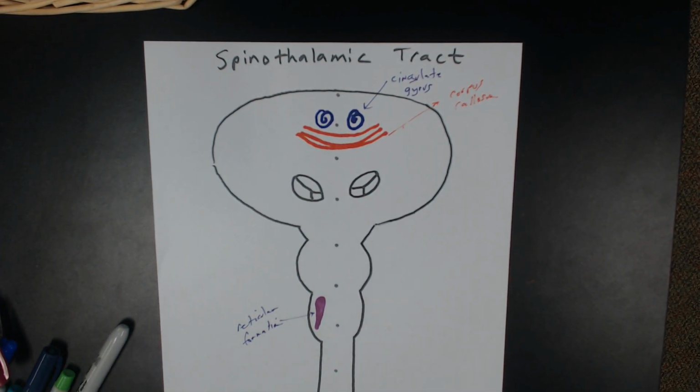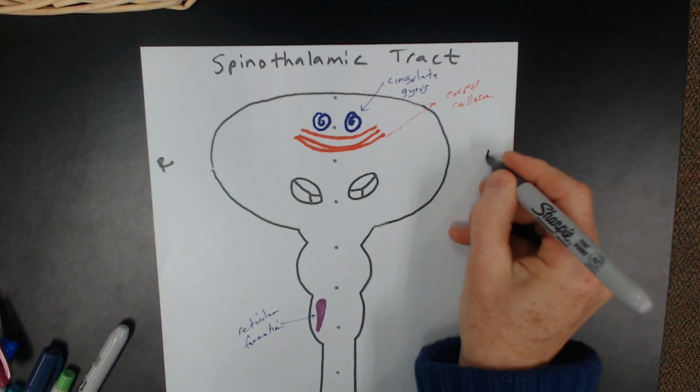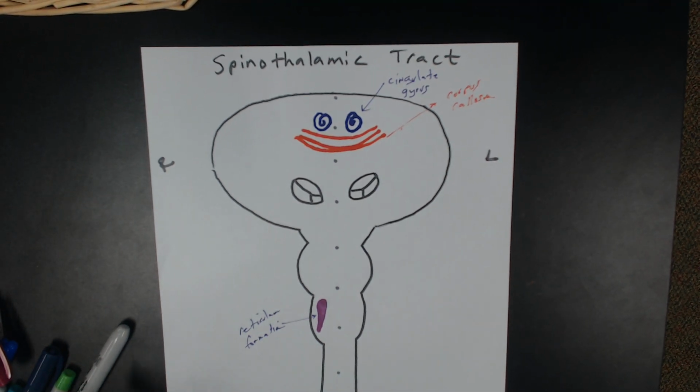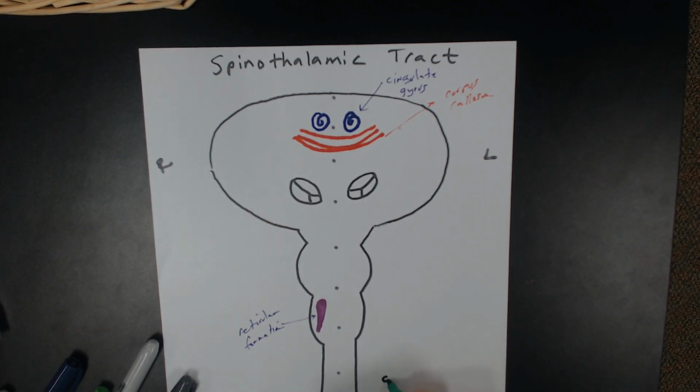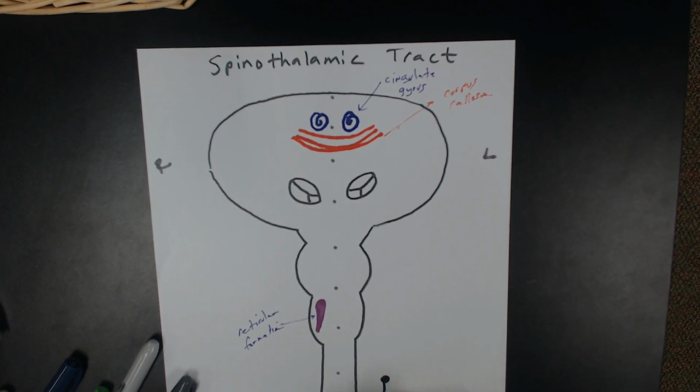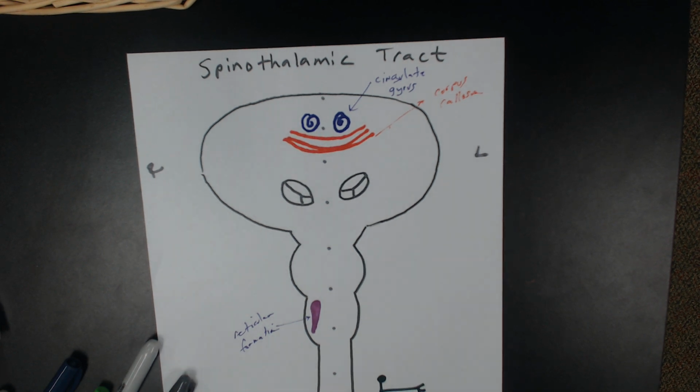So STT, really simple. This is going to be the right side of the body, and this is going to be the left side of the body. STT has a first order neuron sitting out here in the dorsal root ganglia. It's going to pick up information about crude touch, pain, and temperature.